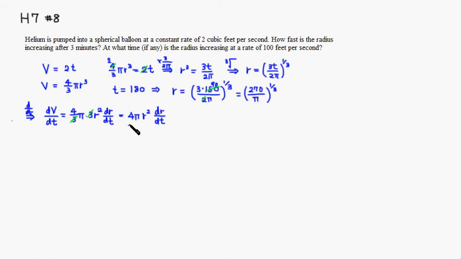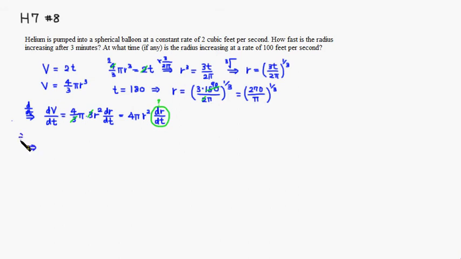Since we're looking for how fast the radius is increasing, we're looking for this, dr over dt. So I'm going to go ahead and solve for it. We can just divide dV over dt by 4 pi r squared.